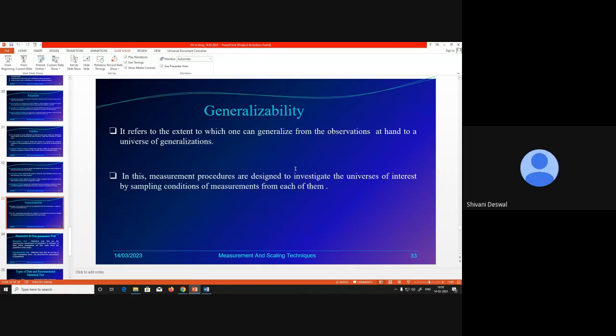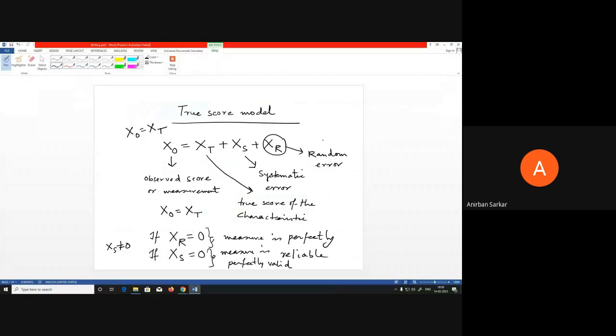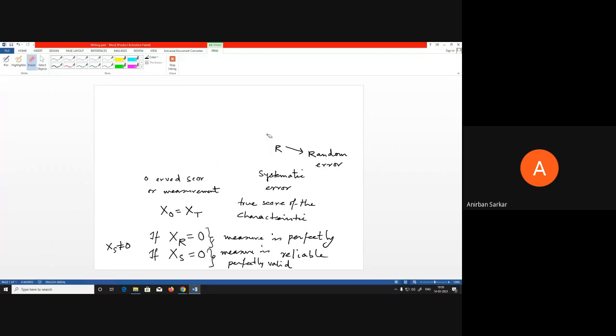Now, if you have any doubt about what I have delivered till now, you may ask me, or otherwise I will finish off by drawing a relationship between reliability and validity, because our topic today is measurement and scaling with special emphasis on reliability and validity.